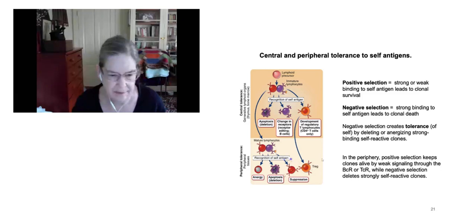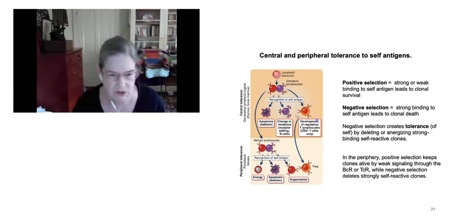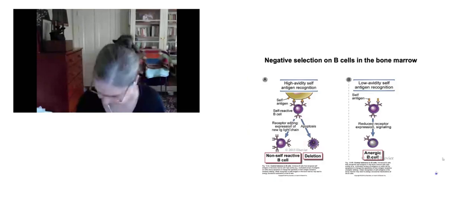And they can also be suppressed by T regulatory cells. And so that is peripheral tolerance. Central tolerance is getting knocked out at the point of your development. So again, we've got a bunch of different places where we have, quote, negative selection happening.